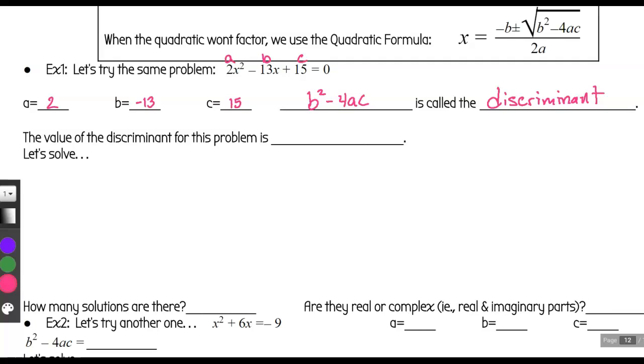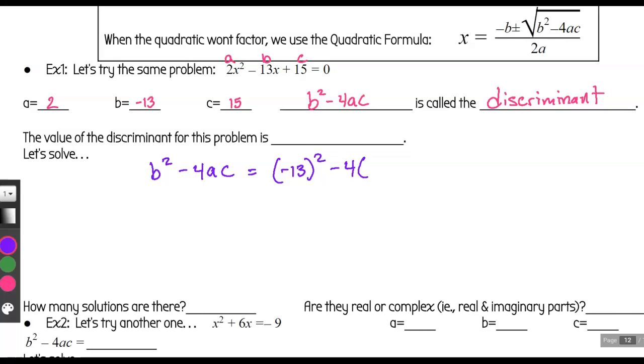Now, it's asking the value of the discriminant for this problem is blank. So what we're going to do first is find what the discriminant is. What b squared minus 4ac is equal to. Now what's our b value? So we have negative 13 squared minus 4 times a.